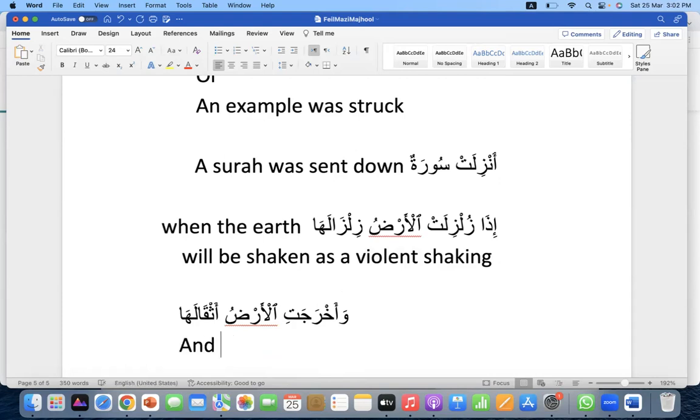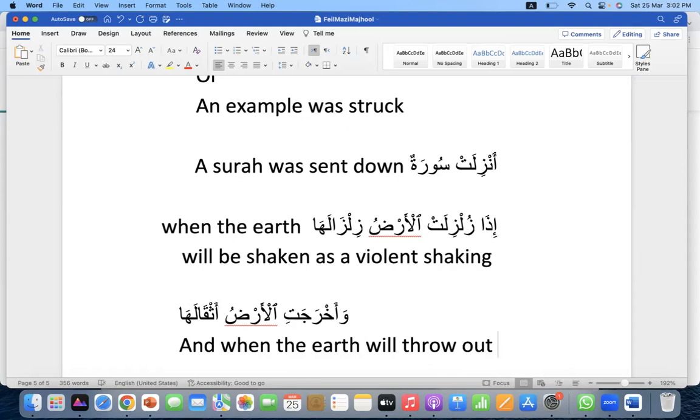And the earth throws. This wa is harf ataf, it is referring to the earlier clause, so it also carries the meaning of when. And when the earth will throw out, throw out what?